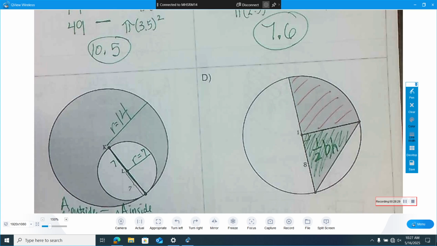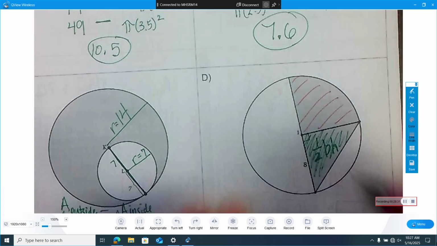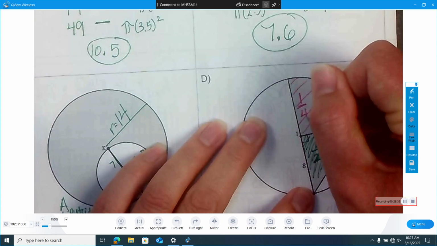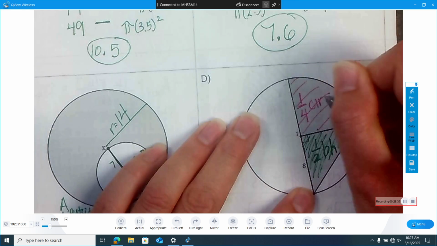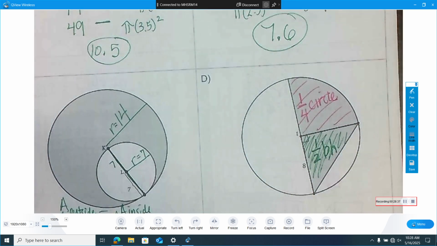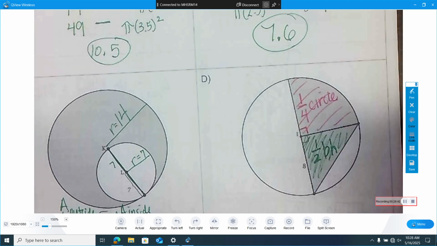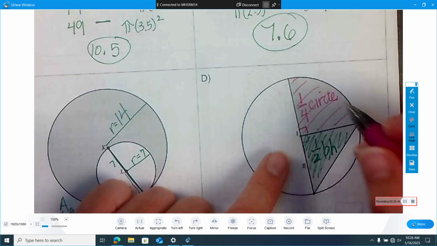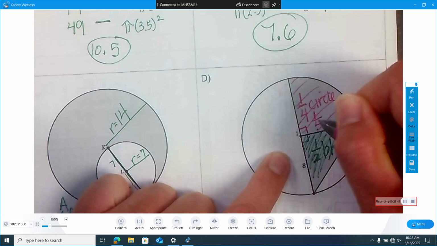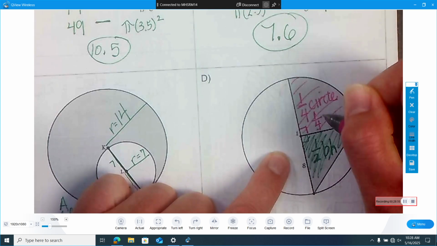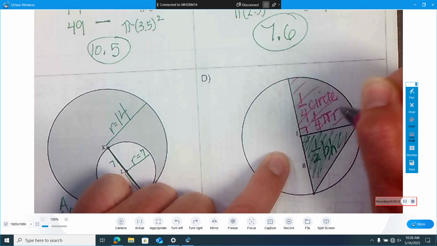A weird exactly quarter circle. This is 1/4 of a circle. You can see that it's 1/4 of a circle, right? And it's got a 90-degree angle, so 90 out of 360 is 1/4. So it is a quarter of a circle. So this is just 1/4 the area of a circle, which is pi r squared.